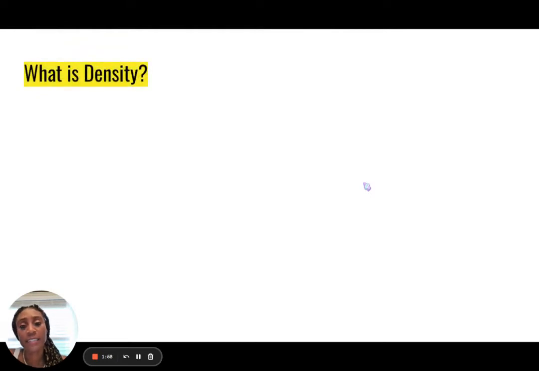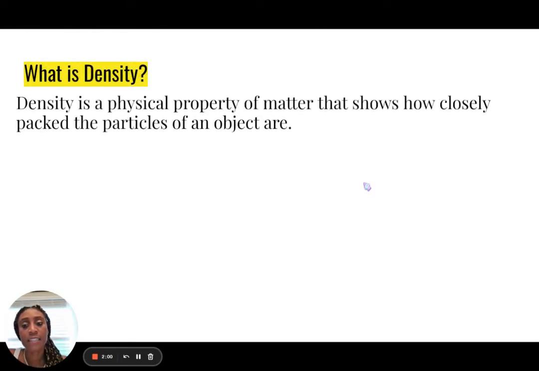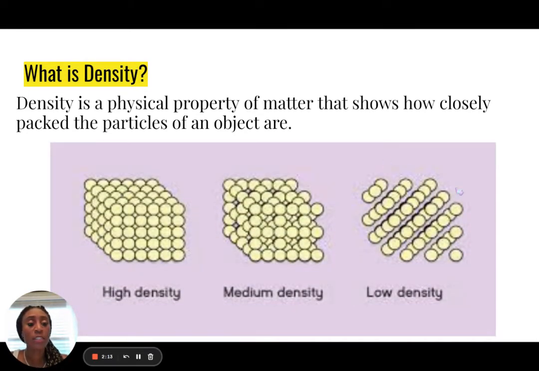So, what is density? Density is a physical property of matter that shows how closely packed the particles of an object are. If we look at this picture here, the particles are further apart, and because of that, it's considered to be low density. These are a little bit closer together, so we say it's medium density.